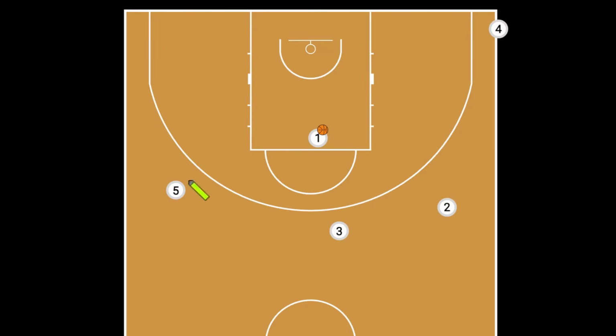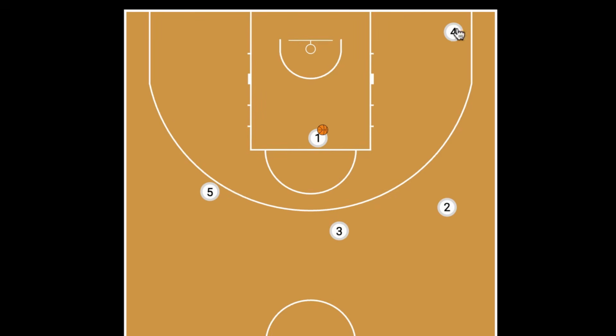If number 4 was back here, number 5 was over here, and you wanted to have a defender move in to fill the gap a little bit on a help, you can't really do that anymore because number 5 is now cutting up top, and they're going to be a threat potentially for a 3-point shot. So again, it's that wheel style of basketball. It's a very interesting style of basketball. It's a wheel, but everybody is consistently moving.